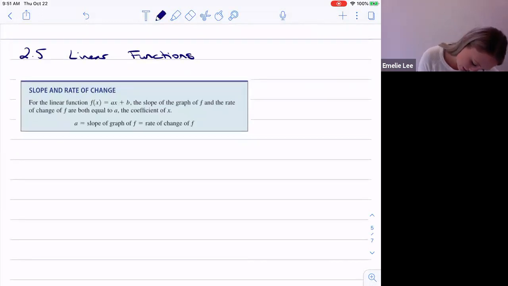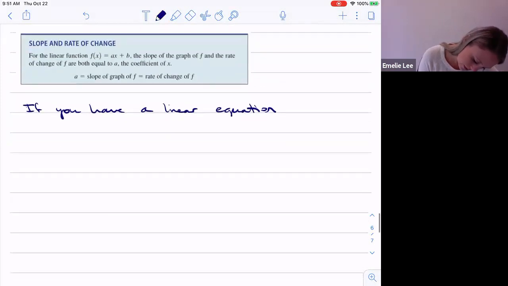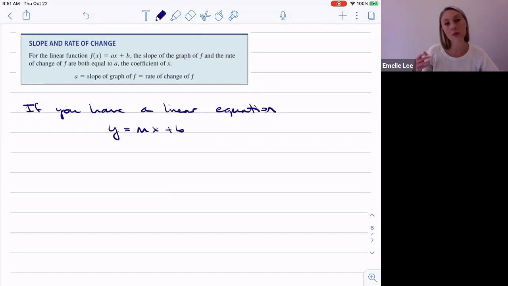So here, if you have a linear equation, something like y equals mx plus b, or that you could rearrange to y equals mx plus b. Typically you're looking for the highest power of x to be only 1, and you have to have a y in there.